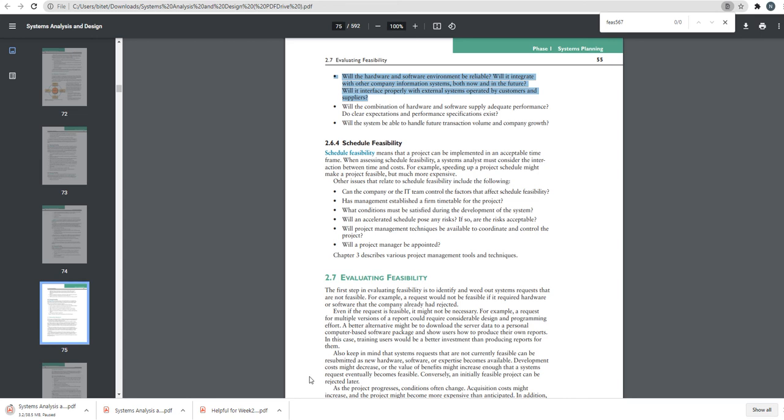What conditions must be satisfied during the development of the system? We need to discuss it with regard to time and the project plan. Will an accelerated schedule pose any risk? Will a project management technique be available to coordinate and control the project? This is all already explained.